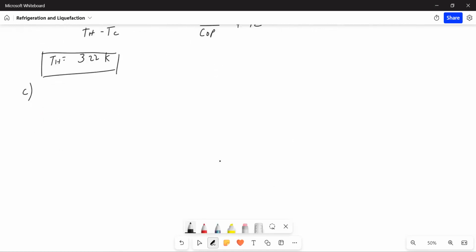The work shaft is actually just QH minus QC. We know QC, which is the ton of refrigeration, and the work shaft is given.